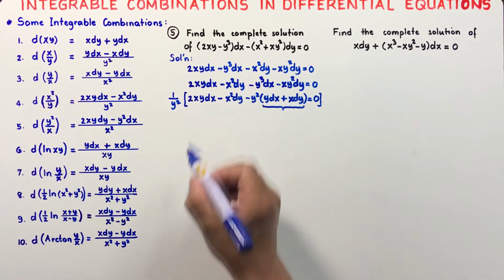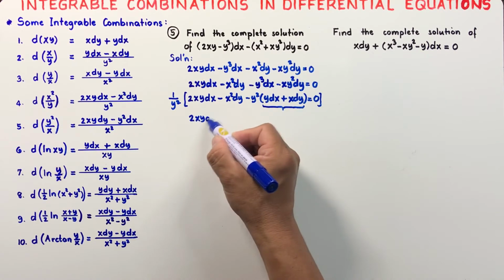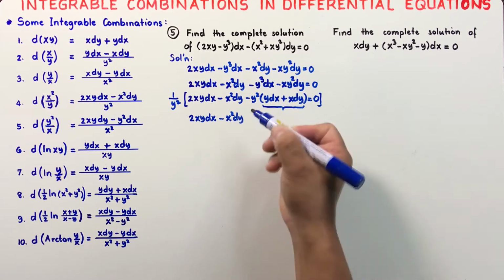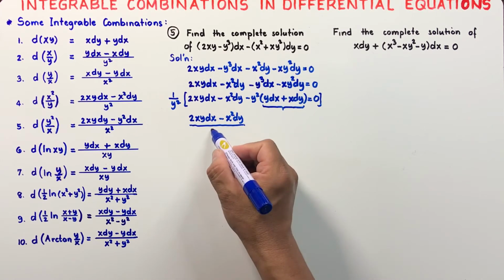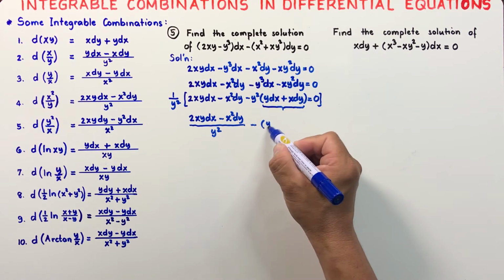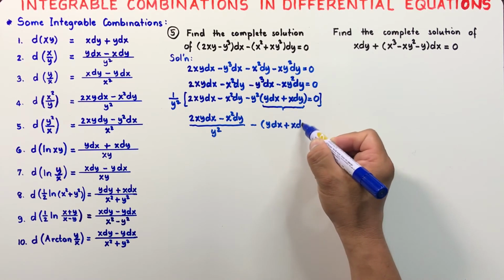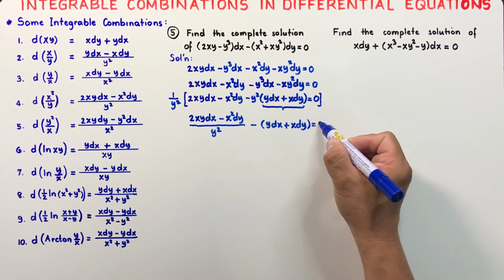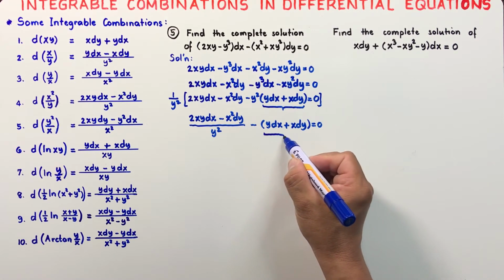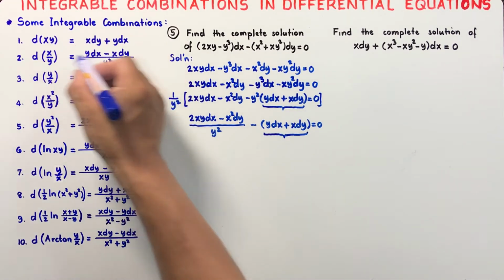So as a result, we have (2xy dx minus x squared dy) divided by y squared. And this will be subtracted by the binomial y dx plus x dy here. And we notice that this one is already the integrable combination number 1 here.